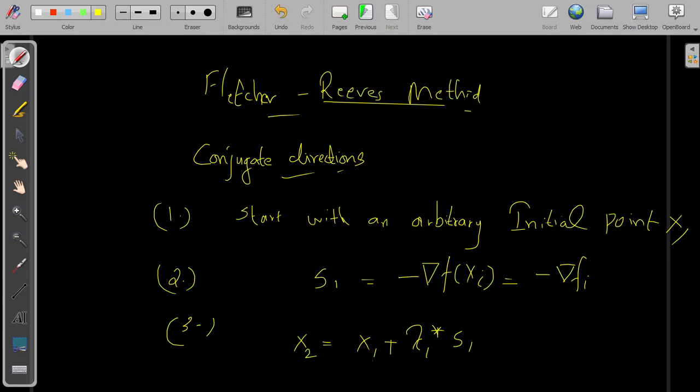Finding lambda 1 star is the same. So we will find this x2, and lambda 1 star is the optimal step length in the direction S1.